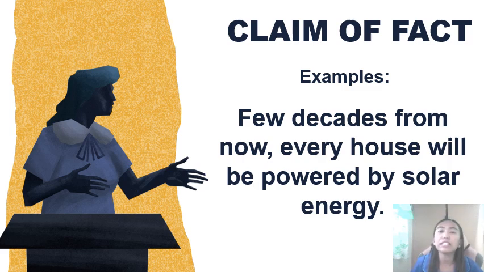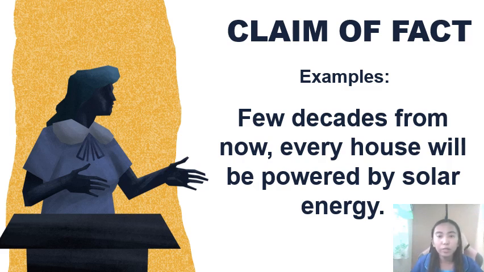But it is still a claim of fact because it is just a prediction. It is just a prediction that might happen in a few decades. So, it used a fact, but still, it is not that justifiable because, again, it is just a claim of fact.